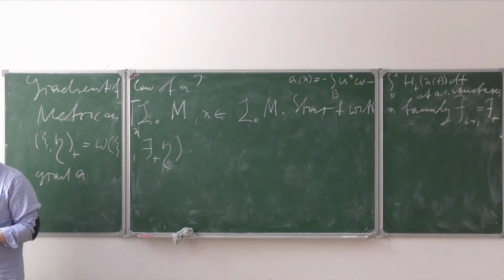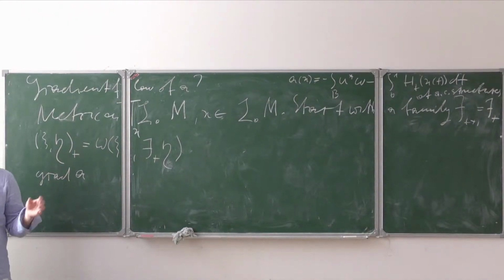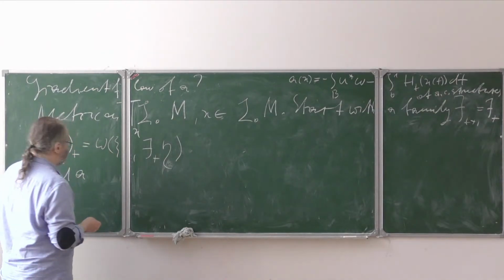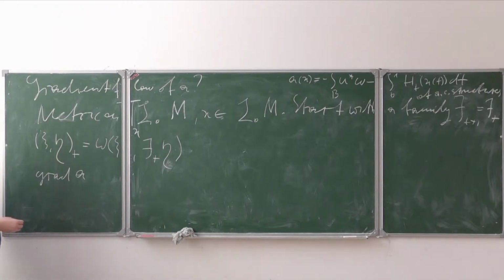Let's try to remember what happens in the finite dimensional case. Suppose I have a function on a manifold and a metric. What is the gradient of the function with respect to this metric? Scalar product with gradient should be the derivative.